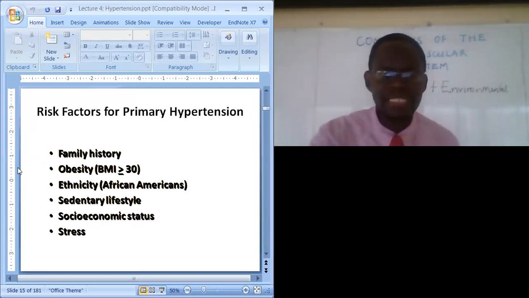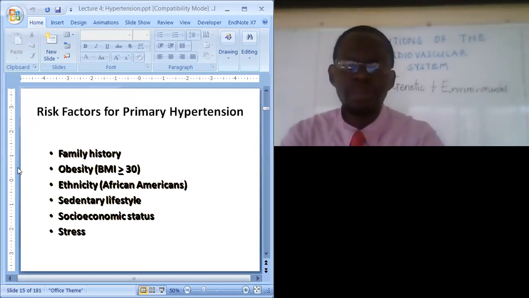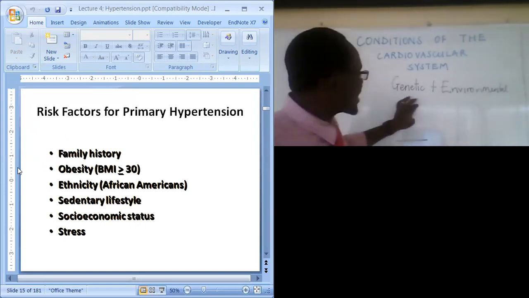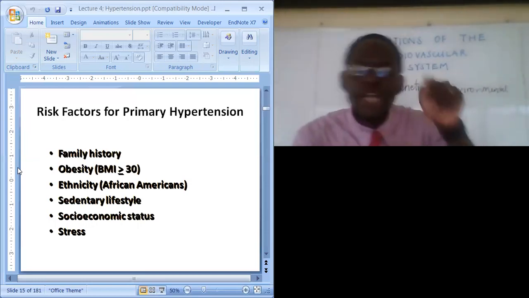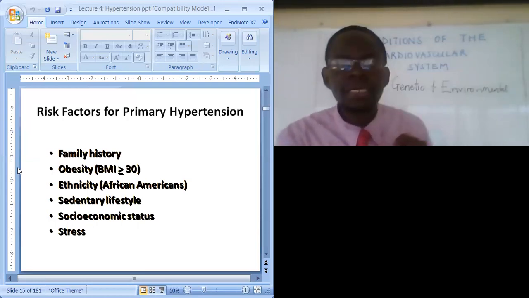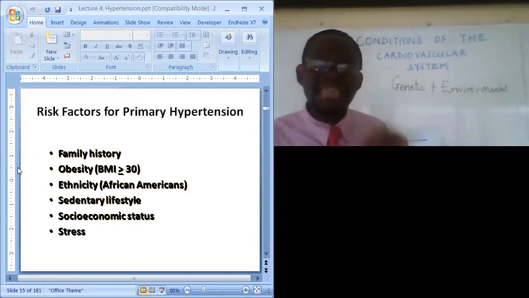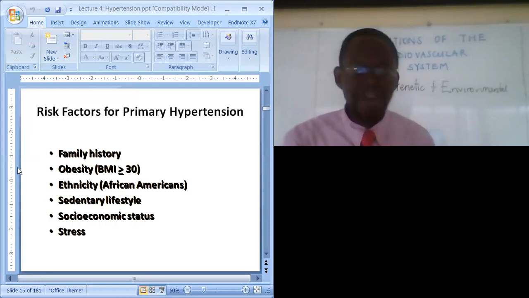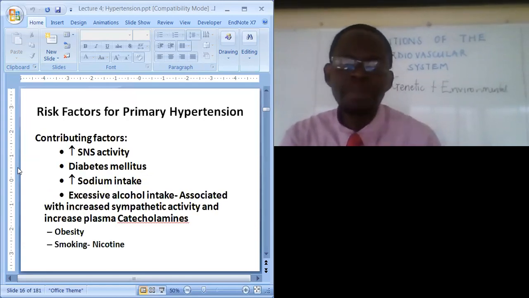Also familial history, body mass index, ethnicity, sedentary life, and socioeconomic status. So in other words, there is an interplay between genetic and environmental factors, but you cannot point to a specific cause, and it is this interplay that leads to hypertension.